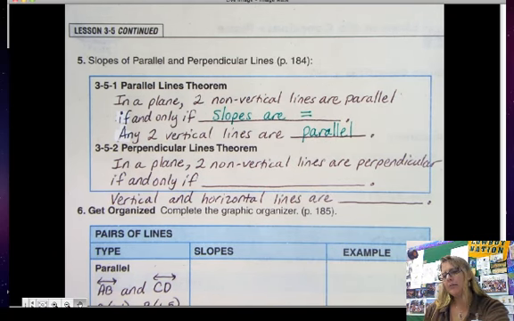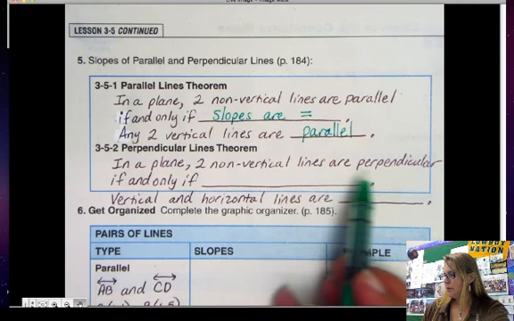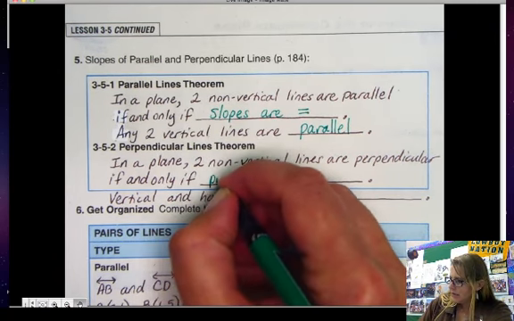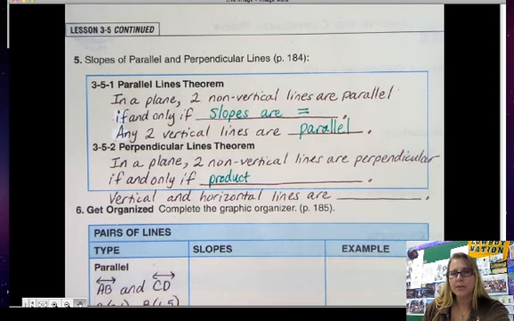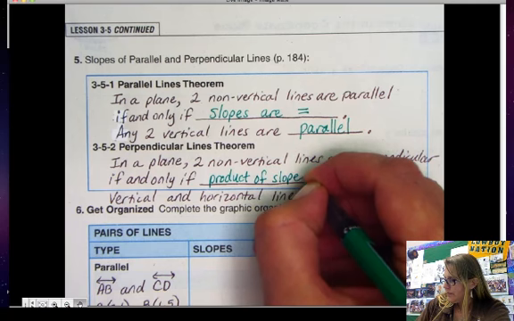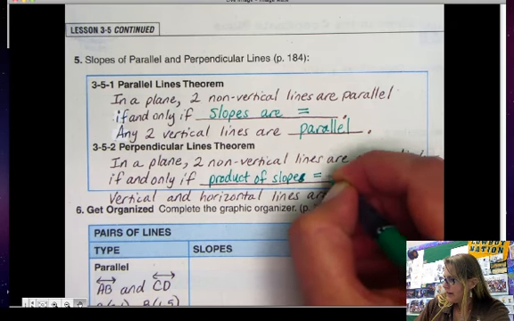Perpendicular line theorem. In a plane, any 2 non-vertical lines are perpendicular if and only if the product, that means multiply, of the slopes equals -1.